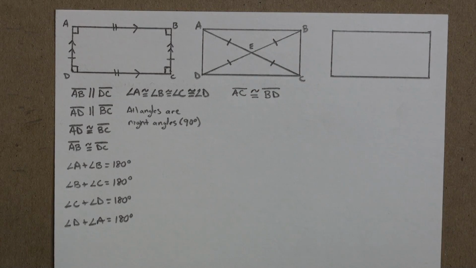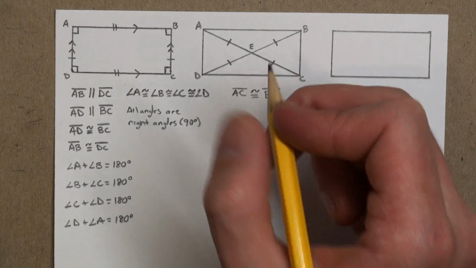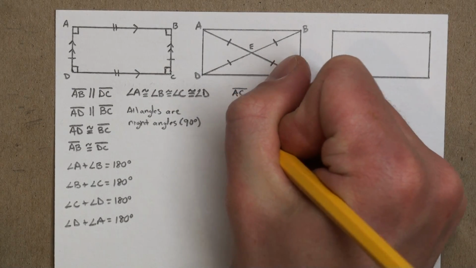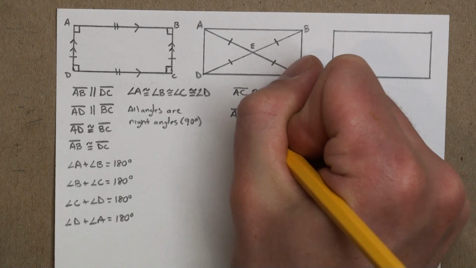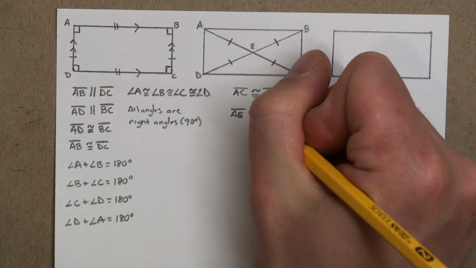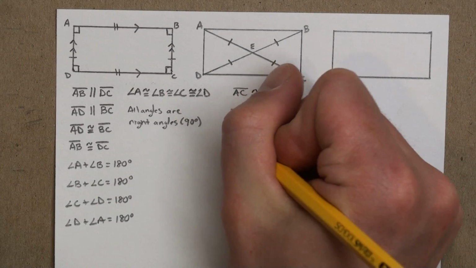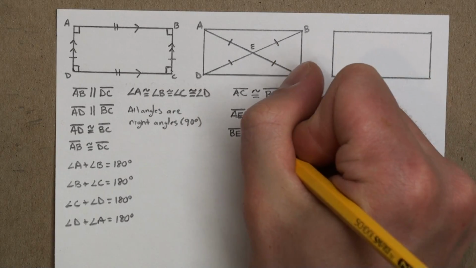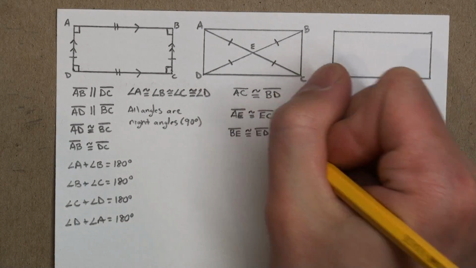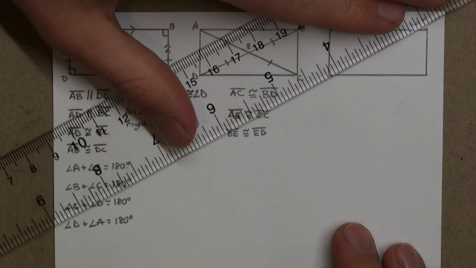We also know that they bisect each other, so we know that AE is congruent to EC, and BE is congruent to ED.